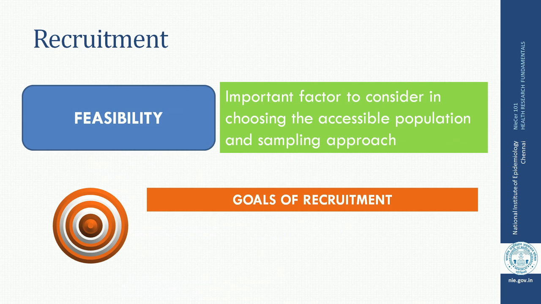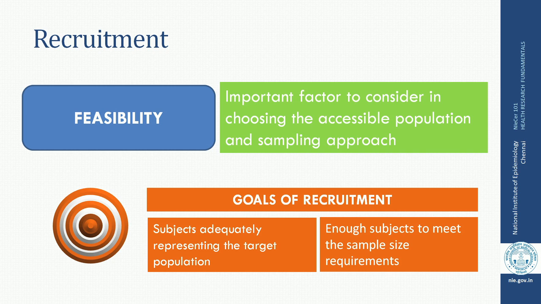Okay. And there are two important goals in terms of recruitment. What are the goals of recruitment? Number one, the subjects should adequately represent the target population, because you are trying to select a subset of a target population by means of geographical and temporal characteristics with predefined clinical and demographic characteristics.